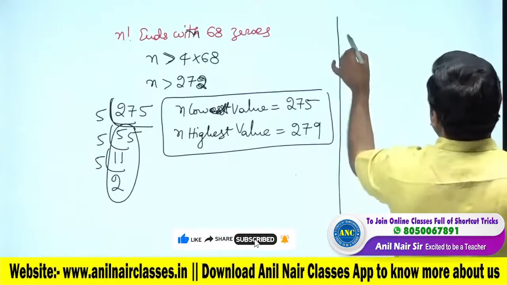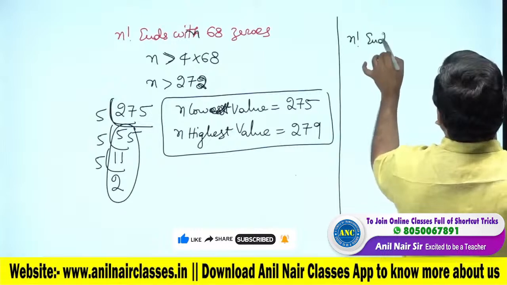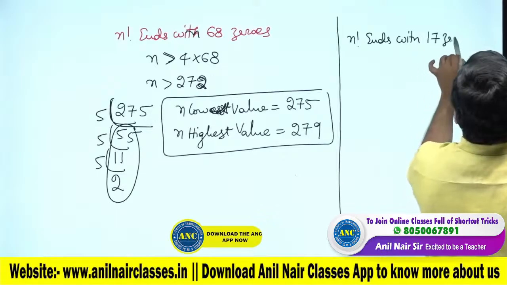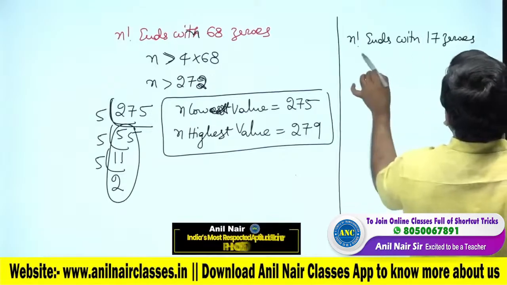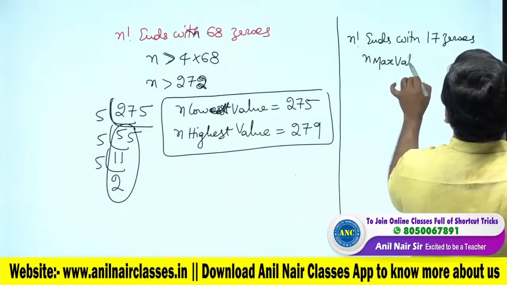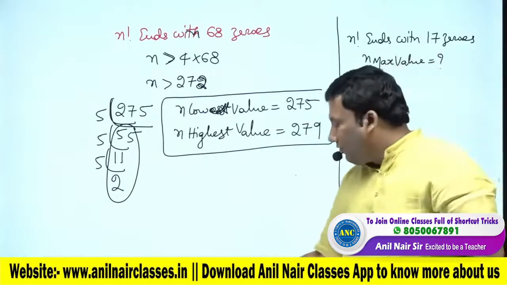Suppose the question is: n factorial ends with 17 zeros. What is the maximum value n can take? Another sample question.